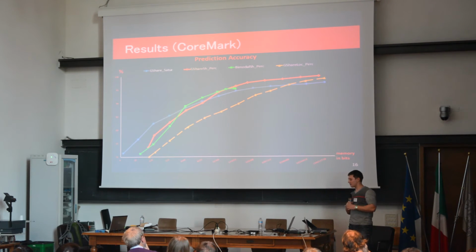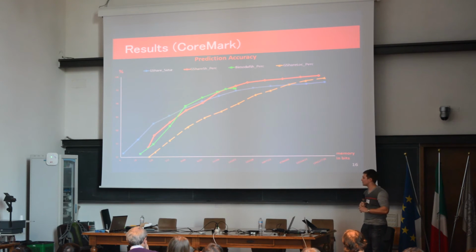But then bimodal addressing with perceptrons starts to win, and on really big predictors, the G-share addressing with perceptrons starts to win, and you can get 97 or even 98% correct prediction rate on CoreMark.